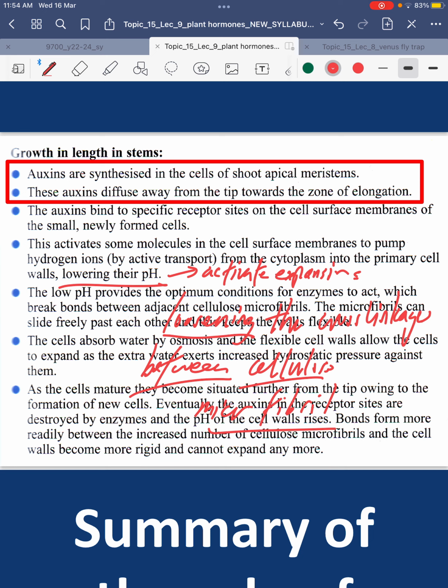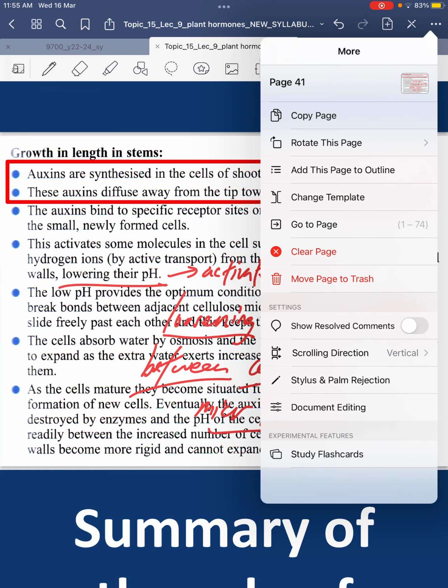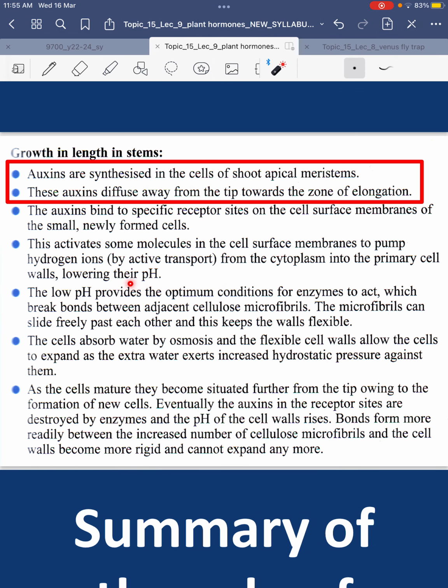Then once the cross-link is exposed, then the enzyme, which we don't know what the enzyme is, can break. Yeah, it says here enzymes act to break bonds between adjacent cellulose microfibrils, which actually is breaking the hemicelluloses. The microfibrils can slide past each other and keep the wall flexible. And then the cell absorbs water by osmosis, and then it can expand and then start to elongate.